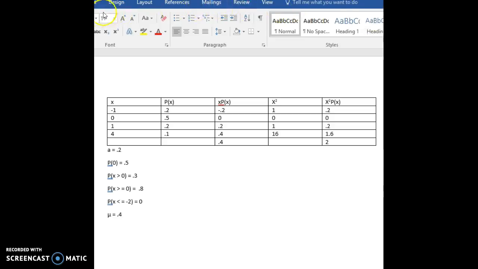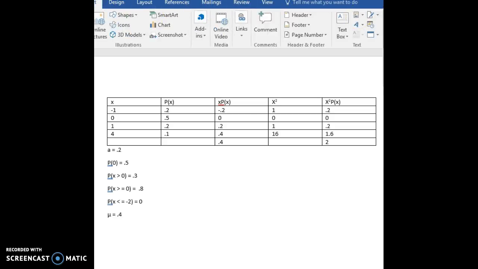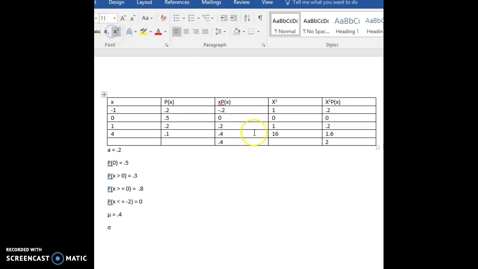So sigma squared is equal to the sum of the x squared px, the sum of this column, which is 2, minus our mean mu squared.